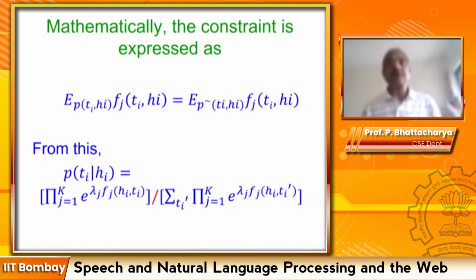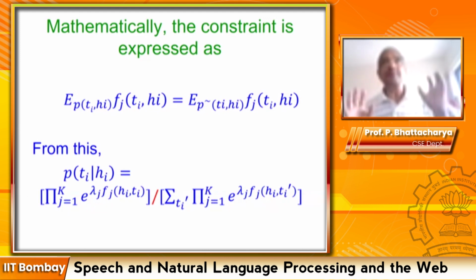So the entropy of a distribution is nothing but the negative sum of the probability values multiplied by log of those probability values. You can carry out the same operation, and that will give you the mathematical expectation of the feature predicted by the model. So that should be equal to the empirical expectation from the training data.